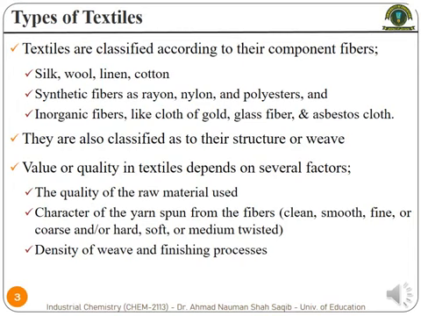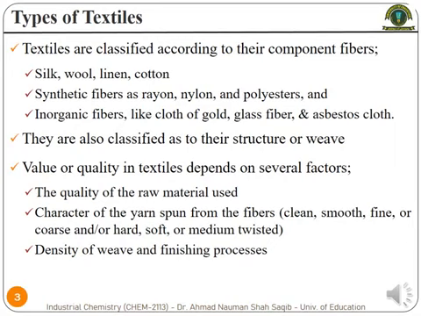Then another factor which can be used to categorize is the value or quality of textiles, and that also depends on various factors. One of them is the quality of the raw materials we are using. And then another parameter is the character of the yarn, which is made from the fiber. So whether that yarn is clean, smooth, fine, or just a coarse kind of material.